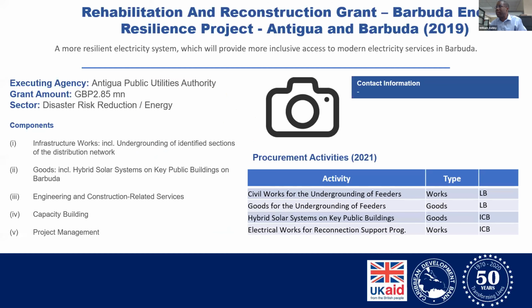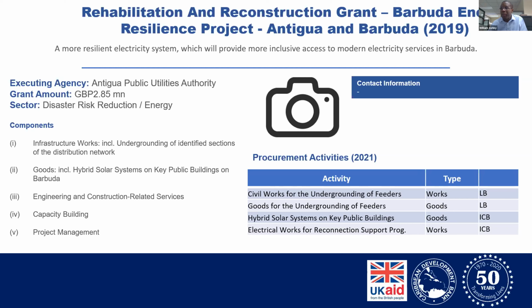So I'm just going to scan over some of the projects for which there are procurement opportunities in which you might be interested, and I'm going to cover them by country. First, I'm going to look at Antigua, and we've got a project for Barbuda Energy Resilience that was approved in 2019.